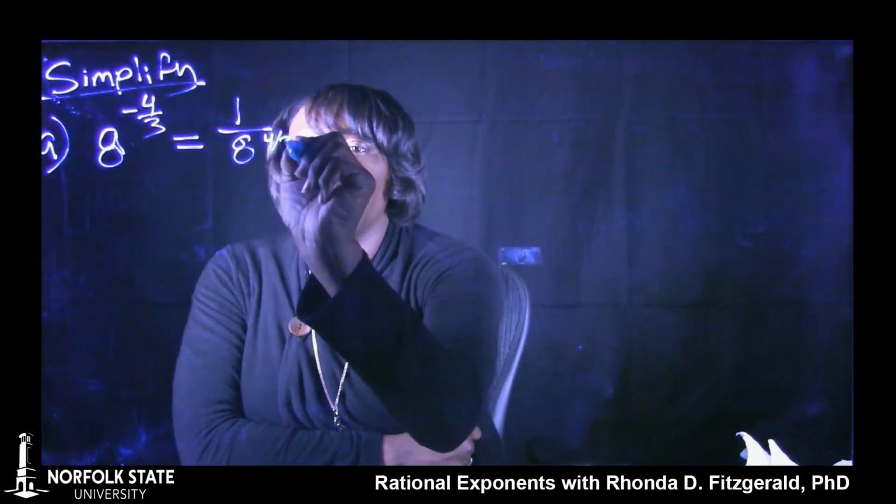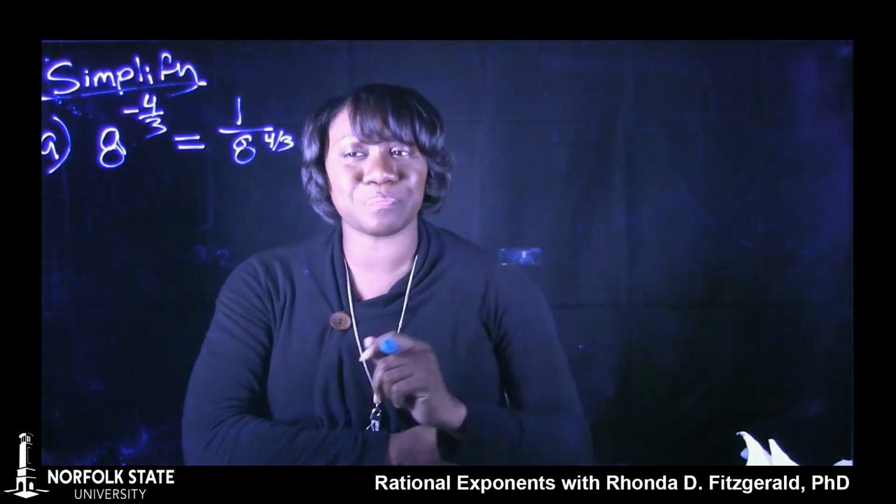What's the first thing we do when I have that negative exponent? We deal with that negative exponent. So I want to rewrite this as 1 over 8, and when I change that, my exponent becomes positive. So it becomes to the positive 4/3 power.